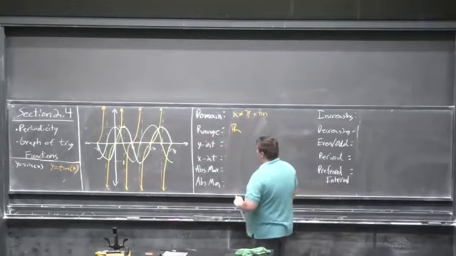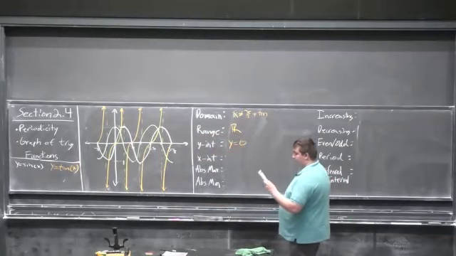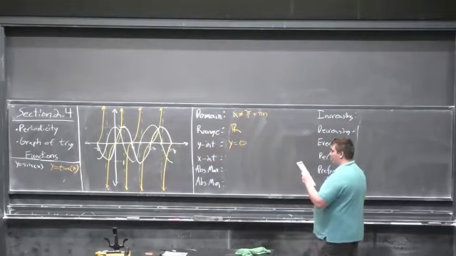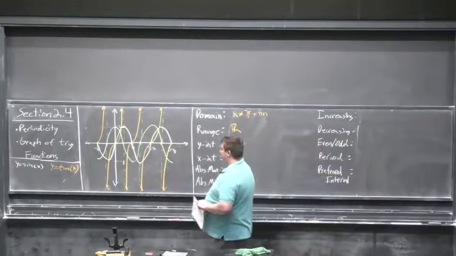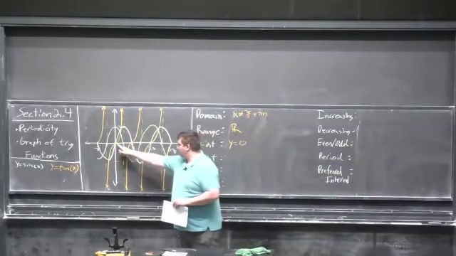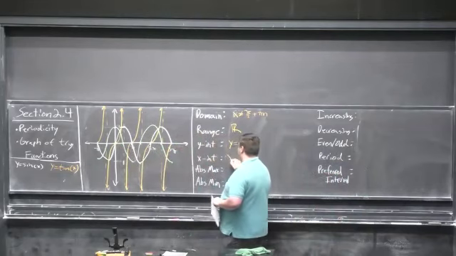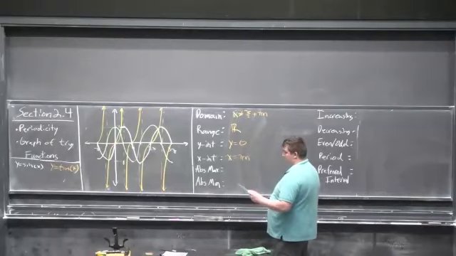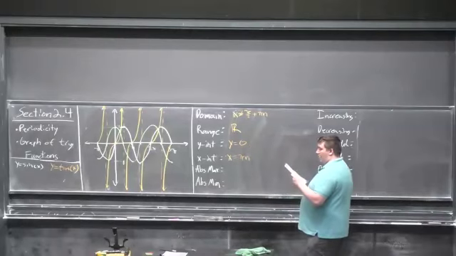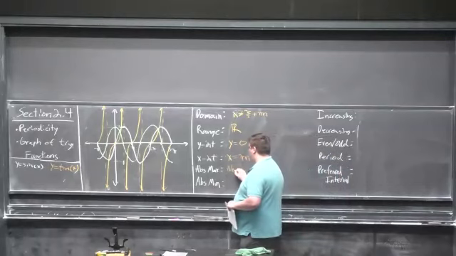What's my y-intercept? That's when y equals 0. My x-intercepts, I can find an x-intercept at 0, but also whenever I add pi, so that's when x equals pi n. My absolute maximum, absolute minimum, none.